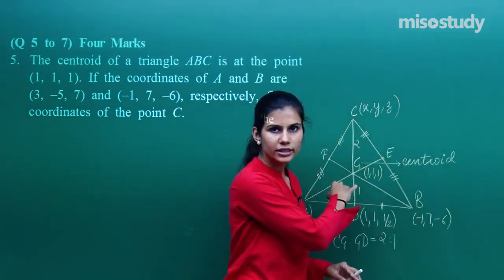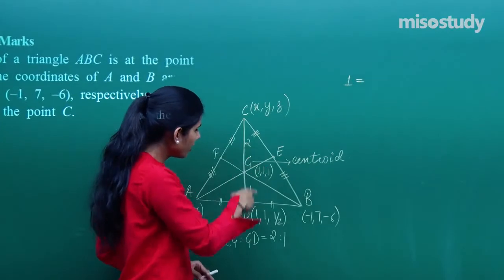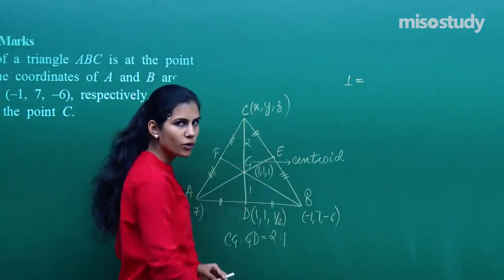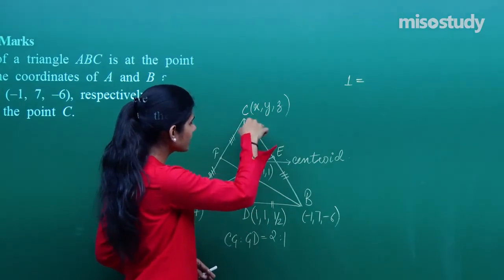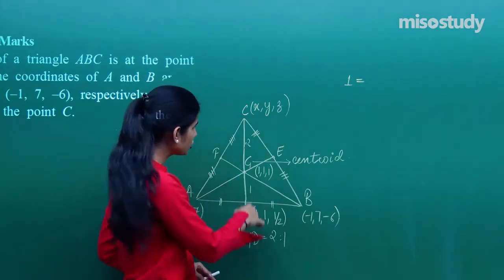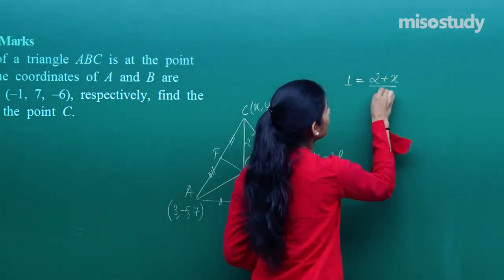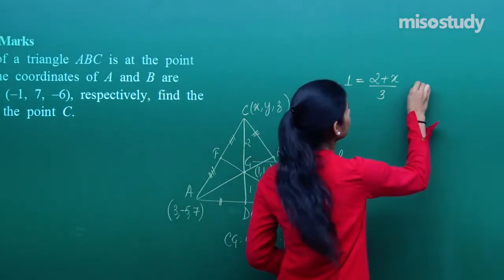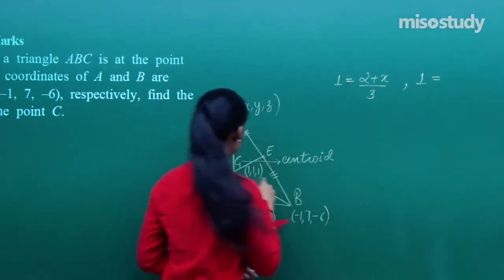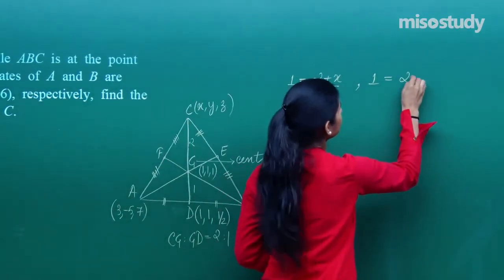What are then the coordinates of G? This will be equal to m1 x2 plus m2 x1 upon m1 plus m2. So, it is 2 into 1 plus 1 into x upon 2 plus 1. So, it is 2 plus x upon 3. Next would be 2 plus y upon 3.